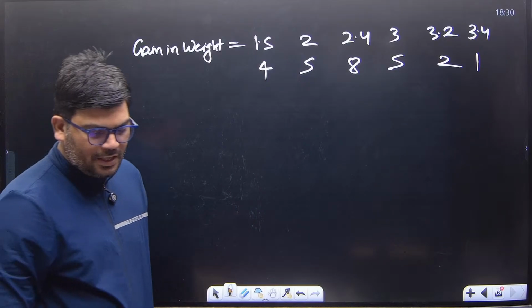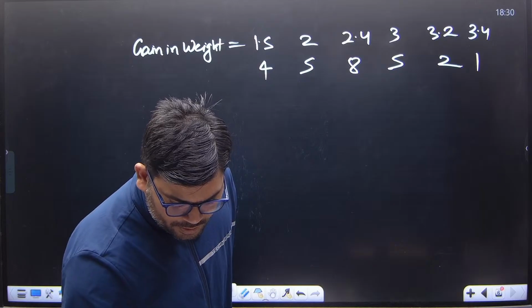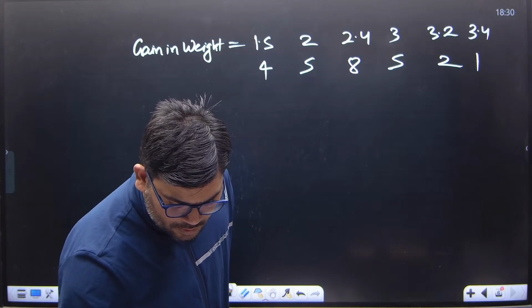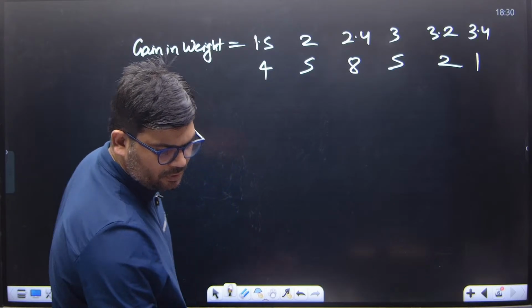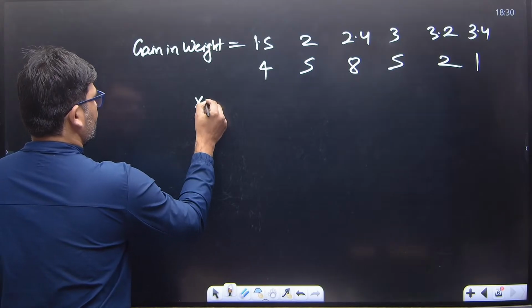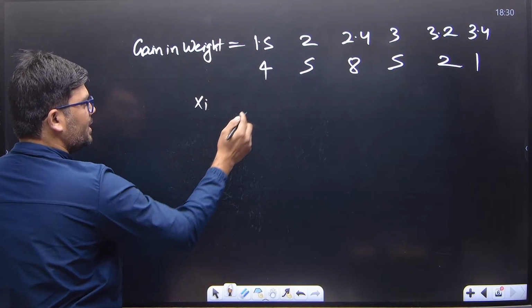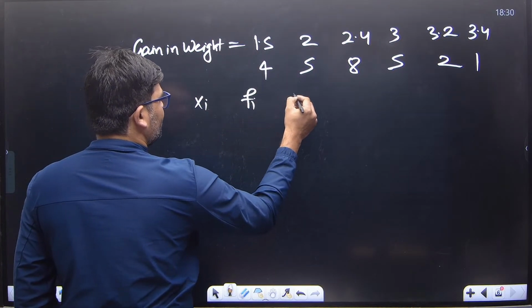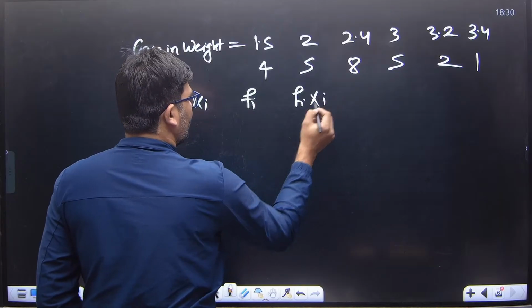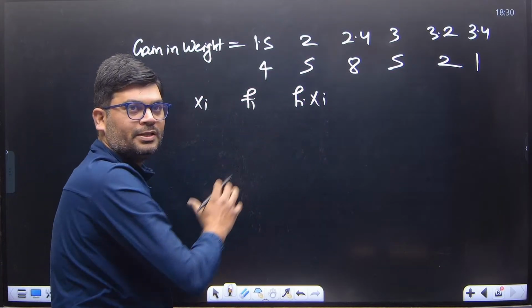Okay, so first we have to find the mean of the gain in weight. First we are going to write xi. I want you to write this. This is xi, this is fi. Let me see how fast you can do it, and do fi xi quickly. Make this table.